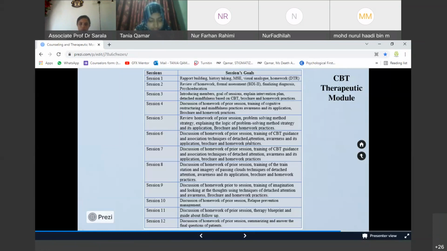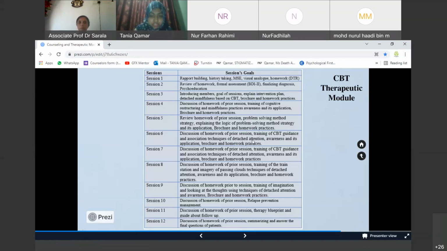Detached attention here is distraction. When a patient reports that he or she feels anxious, worried, sad, and has a lot of negative automatic thoughts, then we guide them about detached attention or distraction.